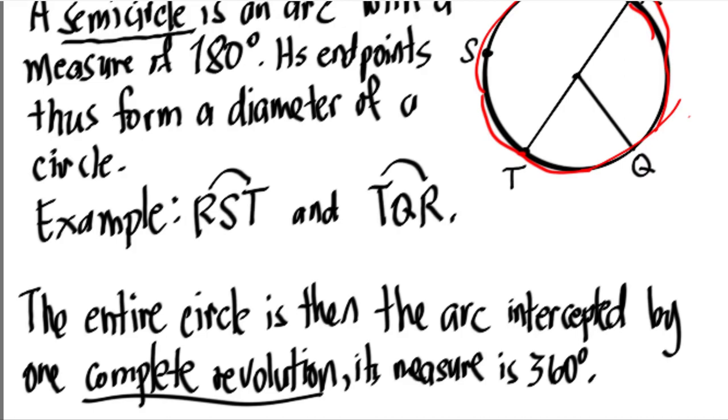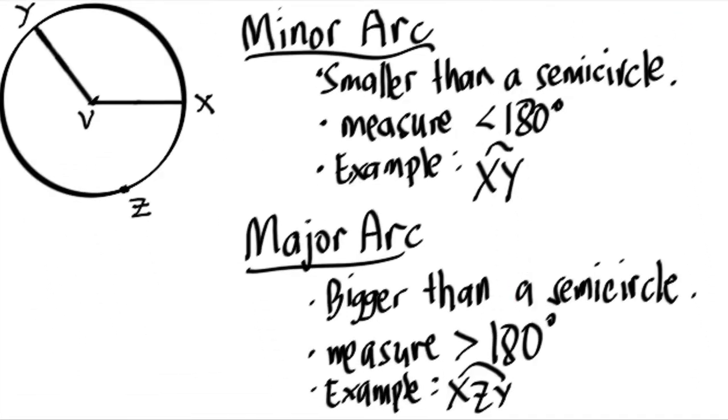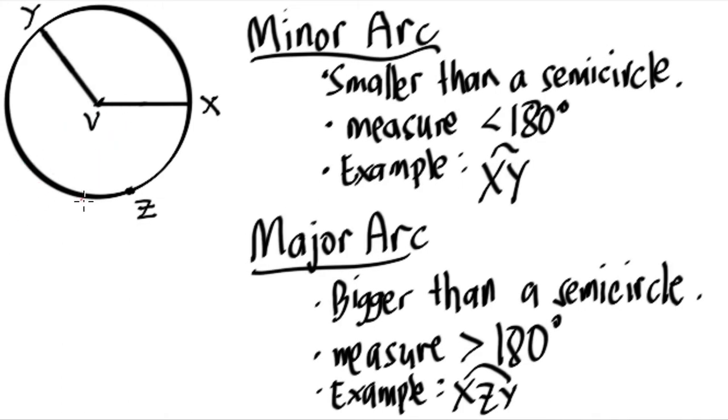Furthermore, let's talk about minor and major arcs. I put them in bullet form over here. In this part of our video, we will refer to circle V. A minor arc is an arc which is smaller than a semicircle. Since a semicircle's measure as an arc is 180 degrees, the measure of a minor arc is strictly less than 180 degrees.